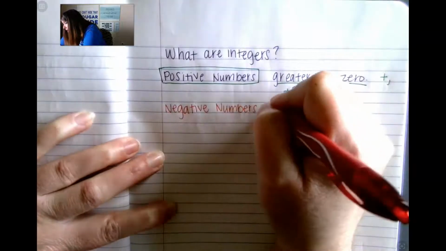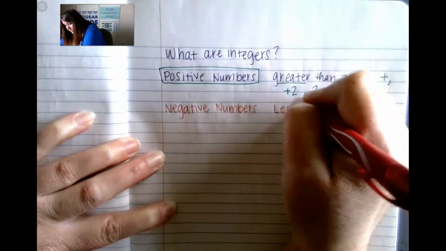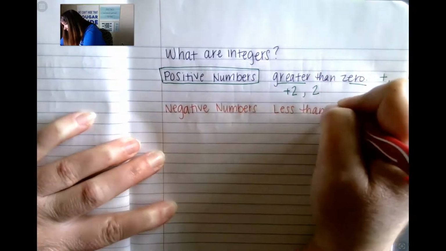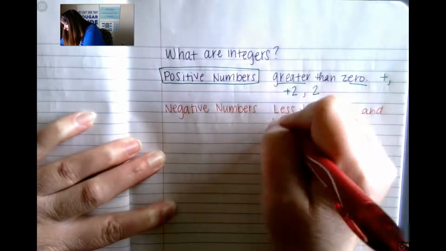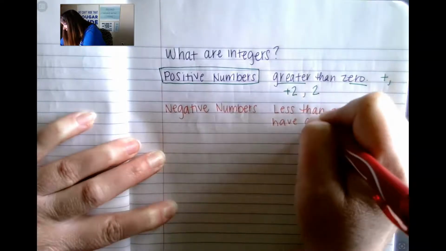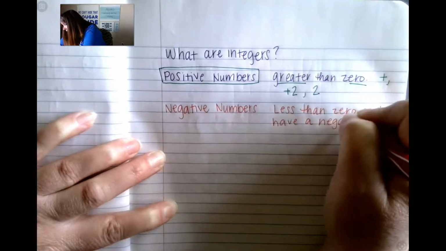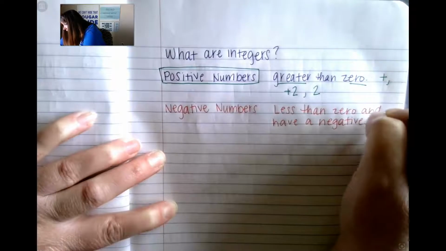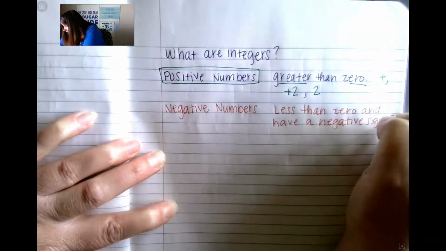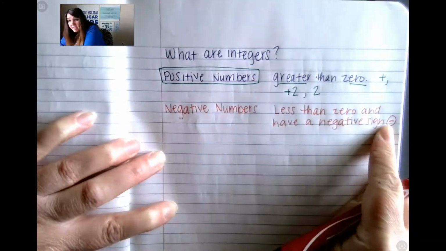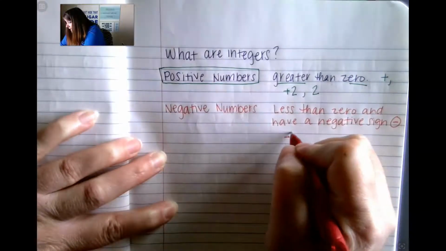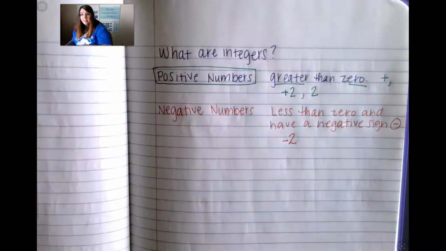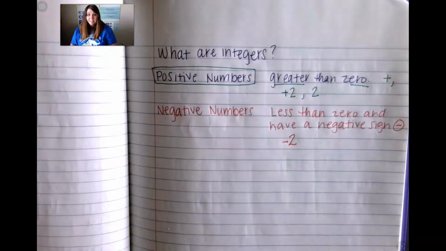So these ones are less than 0 and have a negative sign. And that negative sign looks like this. It has a dash in front of it. For example, it would be like negative 2, that little dash in front.